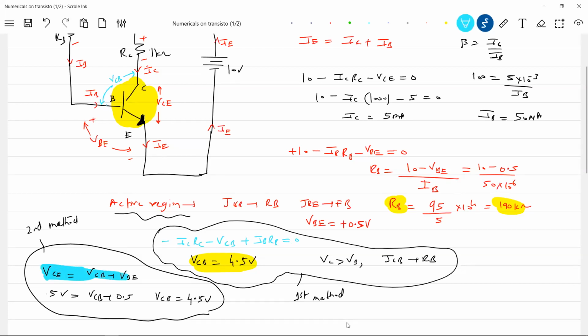Books don't discuss anything like this, but it's a very useful thing, because in most of the numericals the VB will be given and you can calculate VC. Directly check VCB, no need to go for this KVL. You can save a lot of time here to check whether the transistor is in active region or not. There are two methods I'm telling: one by KVL, other by just VC equal to VCB plus VB. I think the second method is really going to help you a lot in exams, provided you know these two quantities.